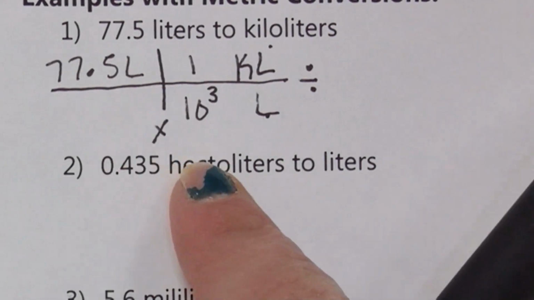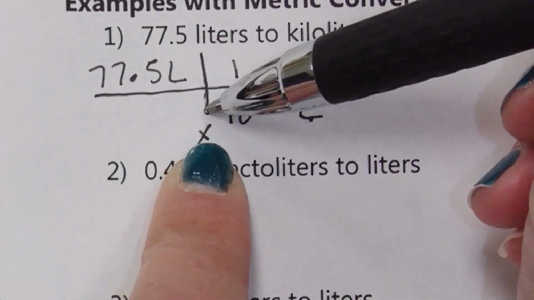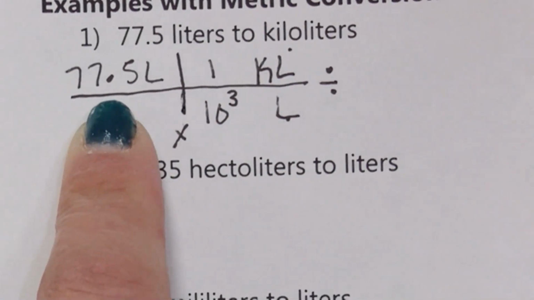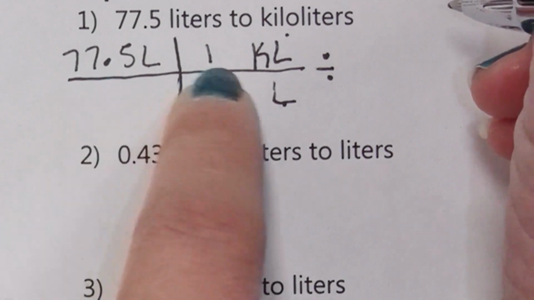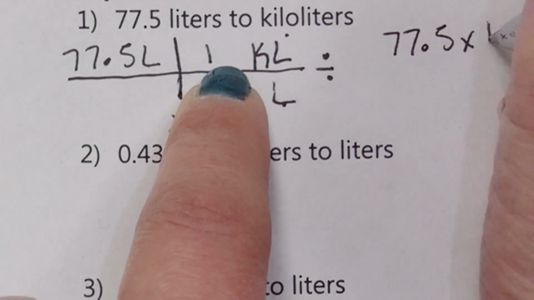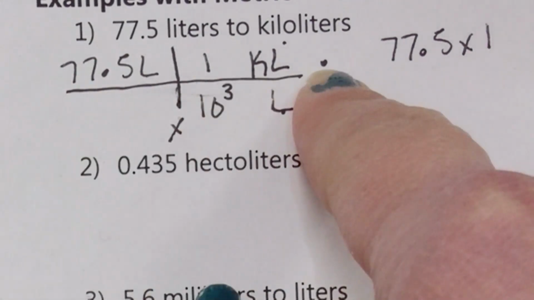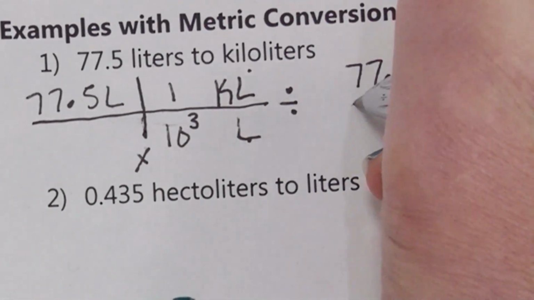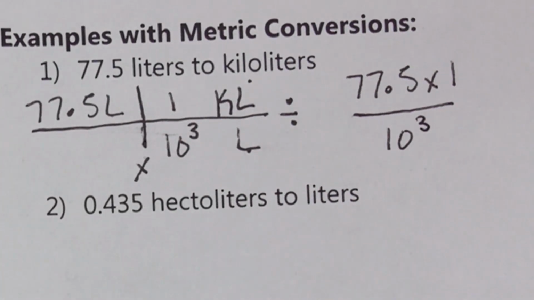So what does this mean? This line, this vertical line, is a multiplication. So essentially what I'm doing here is I am taking 77.5 times 1. And this horizontal line is a division, so I'm essentially dividing by 10 to the 3rd.